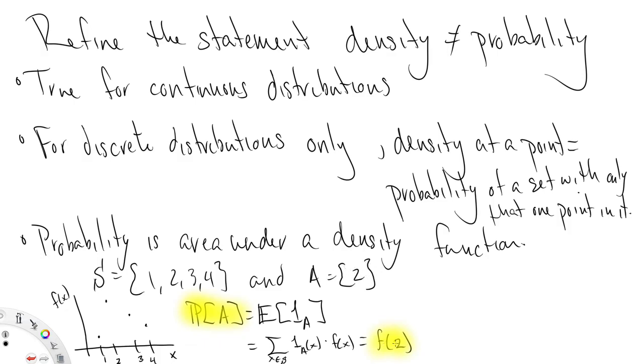That one element happens to be the one point at which you're going to calculate the density function. So in that case, the probability is the area under the function at the point 2. That is some nuance right there. And as long as that holds, then you can say density is equal to probability. But I hope you see that the general takeaway is density is not equal to probability, unless you're in this very specific case.